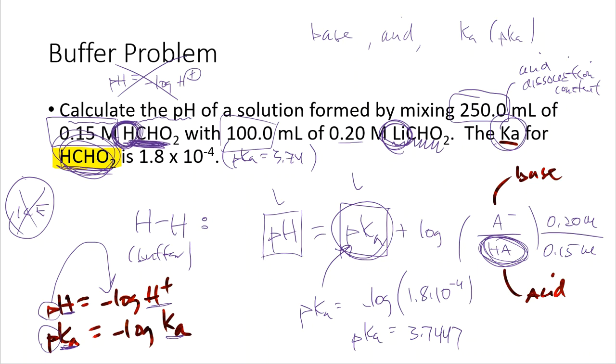I've taken 250 mils of this one and 100 mils of this one, and I've mixed them together in a container, and that gives me a total volume of 350 mils. So I have diluted the 0.15, and I have diluted the 0.2. And I have to correct for that in the Henderson-Hasselbalch equation.